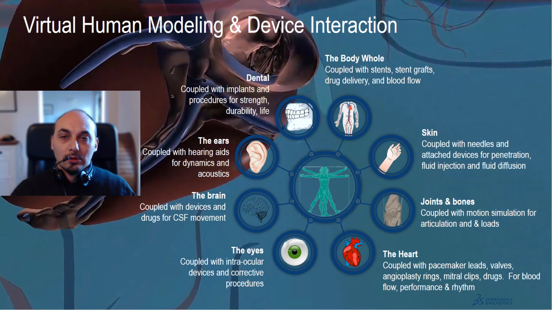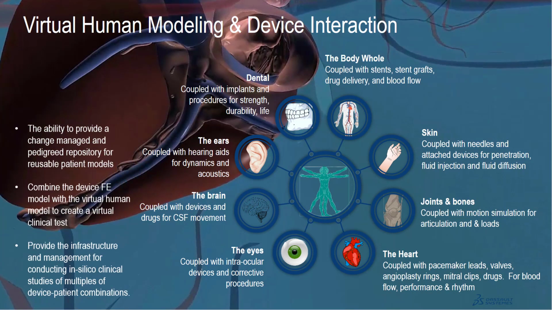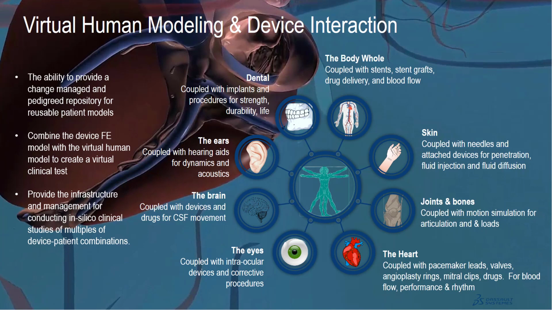What can we do in the life sciences? We can, of course, provide change management and a pedigree repository for reusable patient models. We can couple the device model with a virtual human model to create a virtual clinical test.